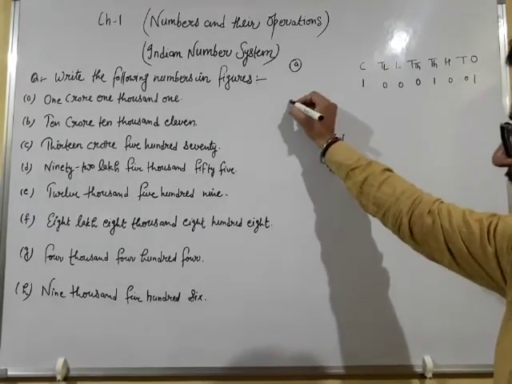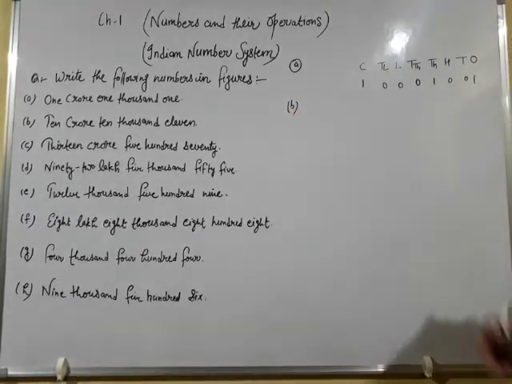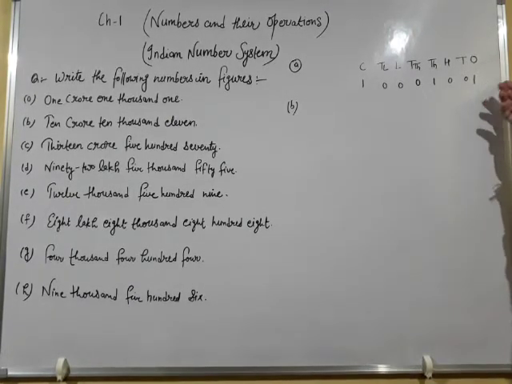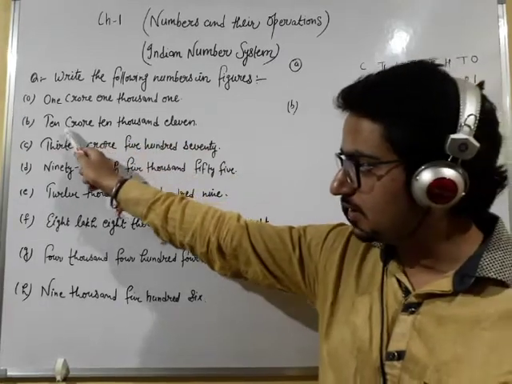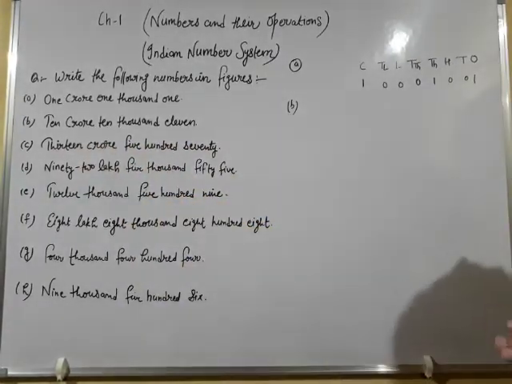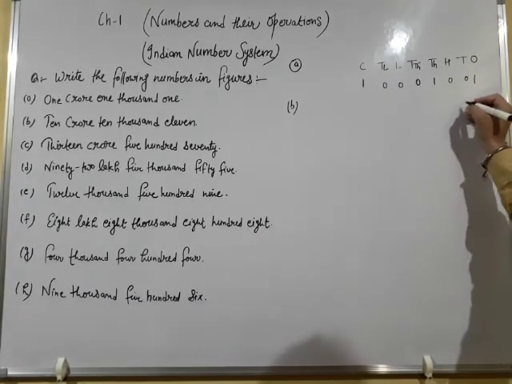Yes, students, not every time you need to draw a chart. In short, you can do your solution like this. First of all, you will observe the highest period. In the second part, the highest period is 10 crore. So you have to write the places up to crores.